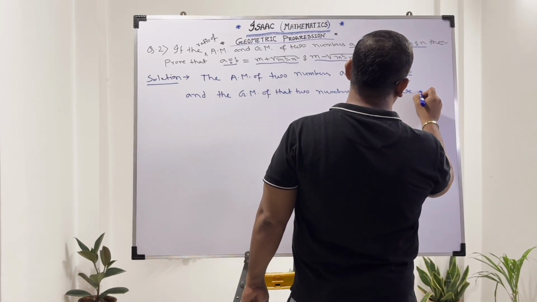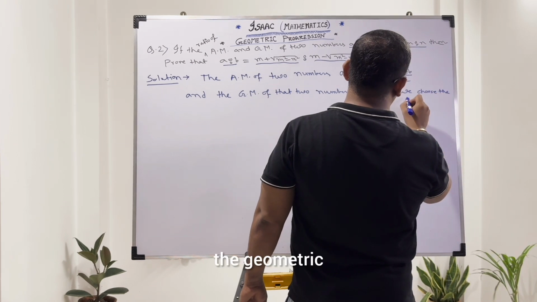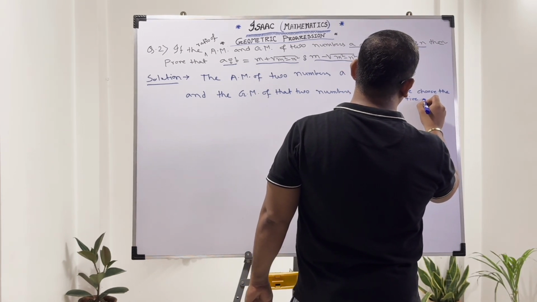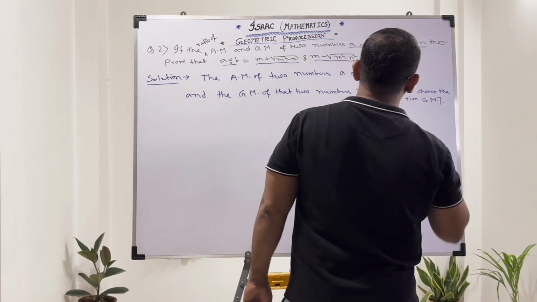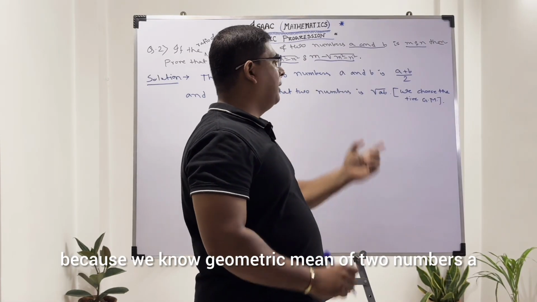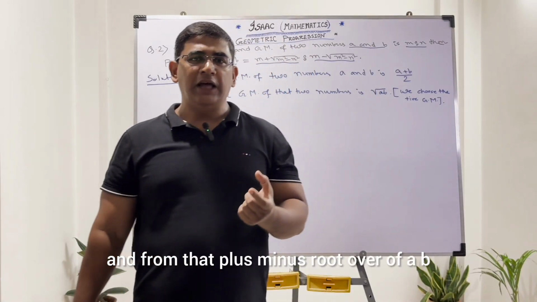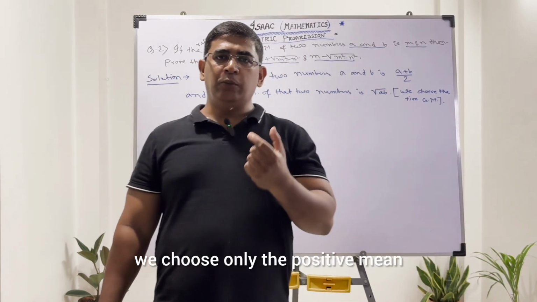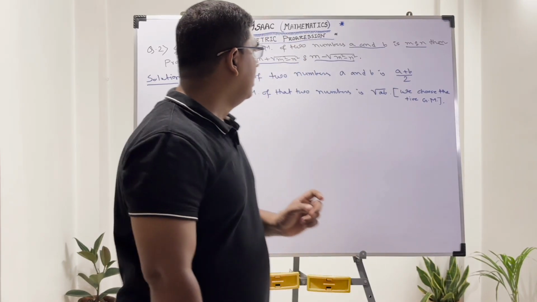We choose the positive geometric mean, because we know geometric mean of two numbers A and B is plus minus root over of AB, and from that plus minus root over of AB we choose only the positive mean, that is square root of AB.